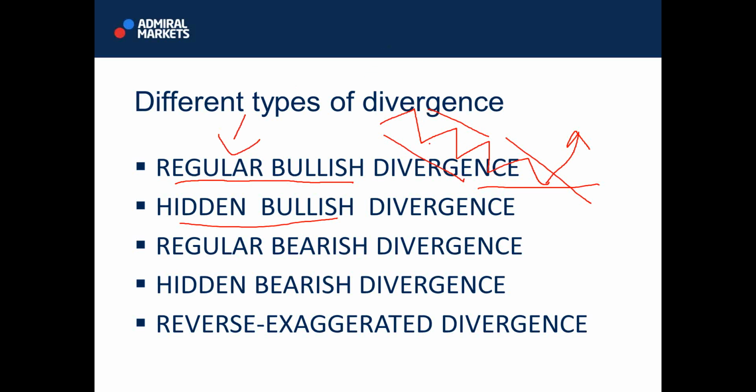So you need to have a downtrend, not sideways. Sideways is range trading, and you don't trade divergence when the market is going sideways, okay? You don't do that. So what you do is basically hidden bullish divergence. The price is going up now, and you see hidden bullish divergence.